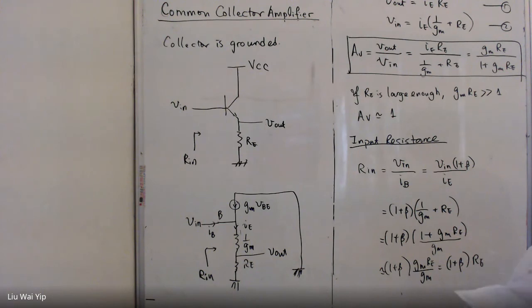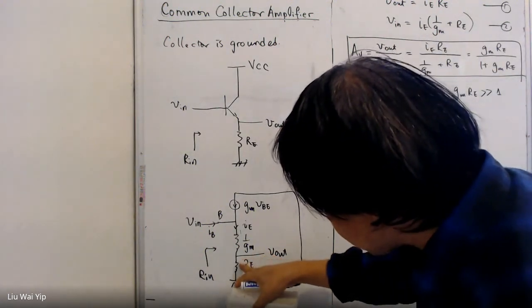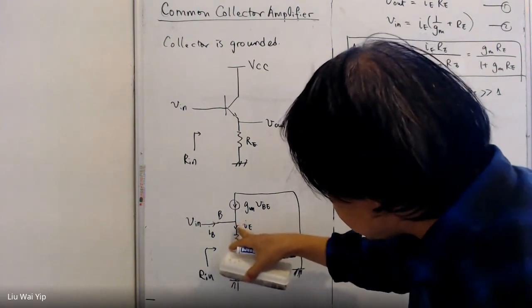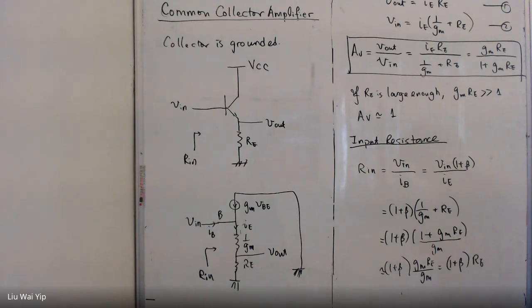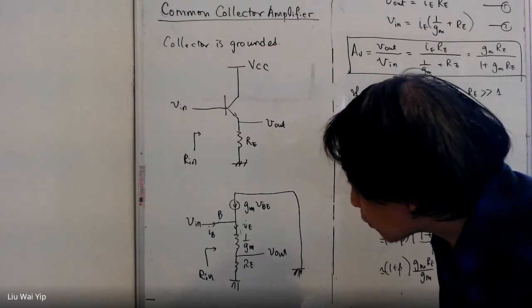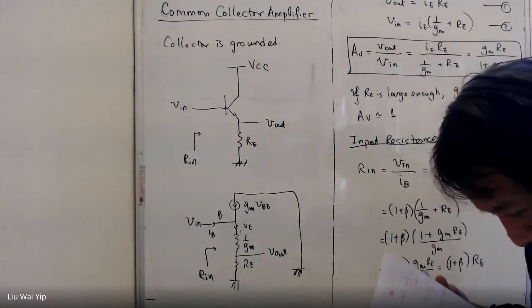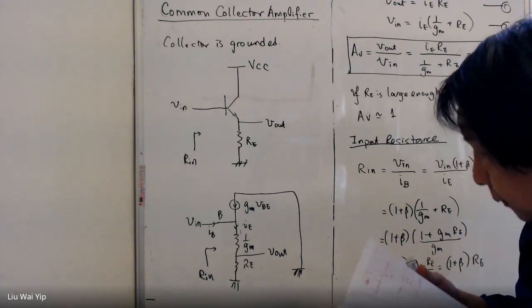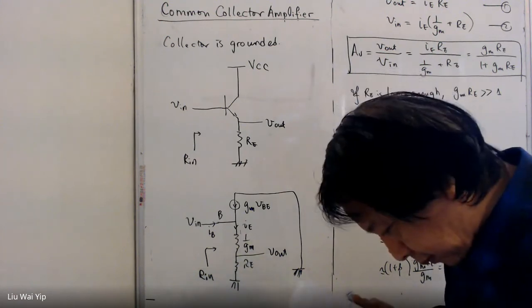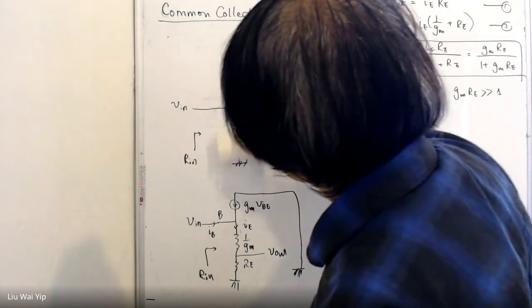But how about the output impedance? Output impedance, and according to here, output impedance is VR and then divided by RE, and let's say, let me say, output impedance here should be equal to, let me just erase this one.